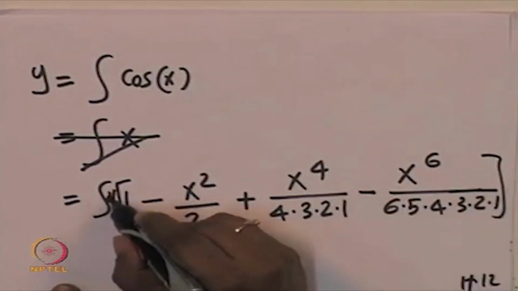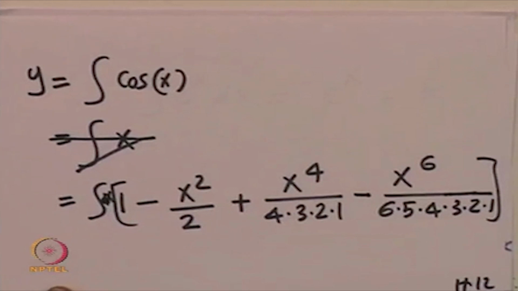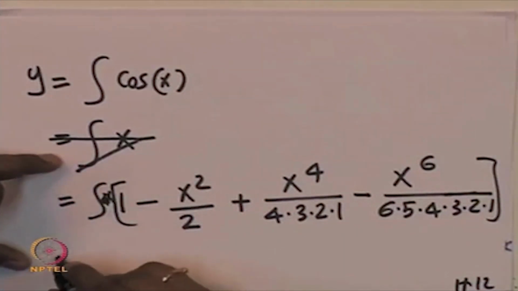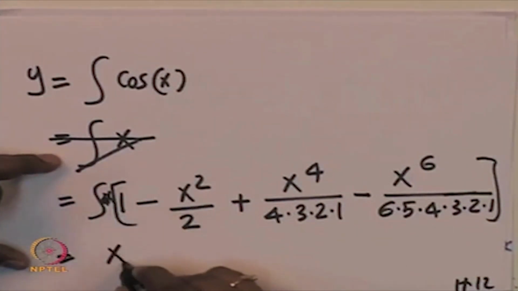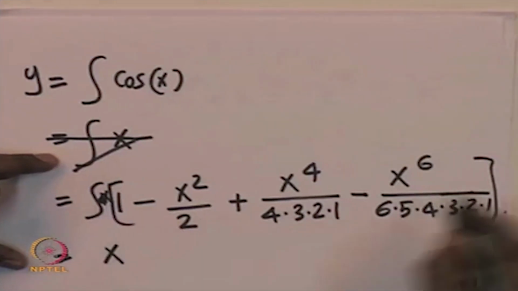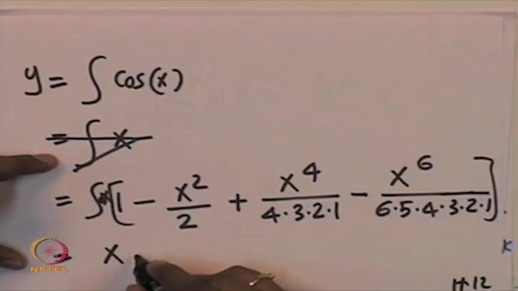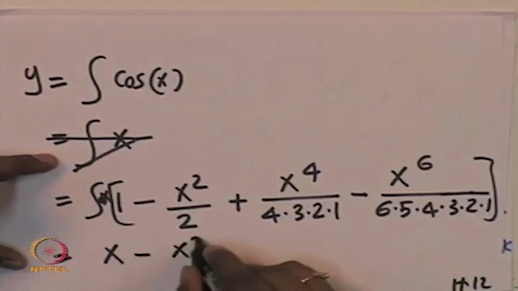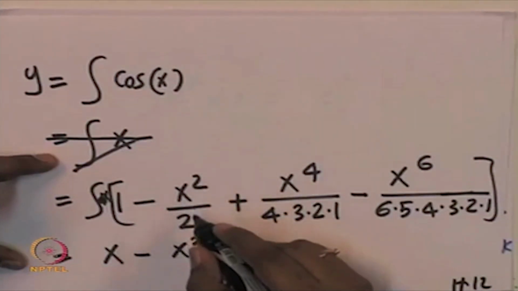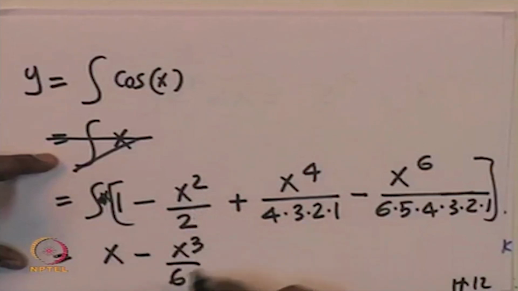So, you find the integral dx. Now the integral of 1 dx is x. We can write the integral of minus x square by 2 as minus x cube by 3. So, 3 into 2 is 6.